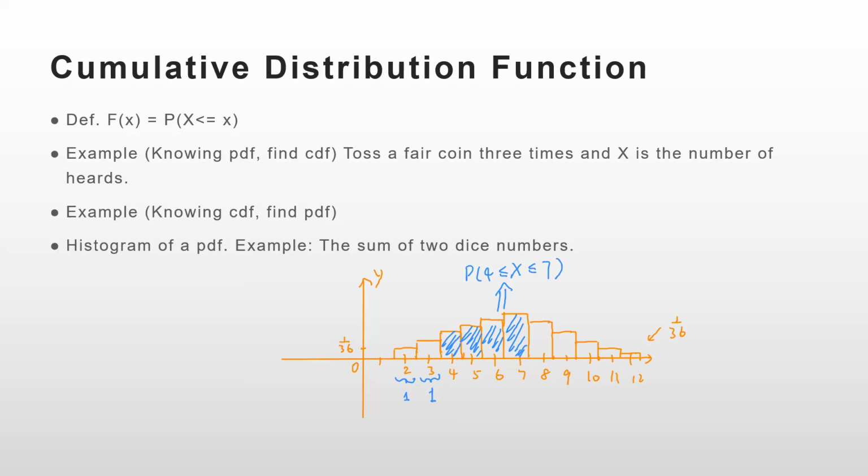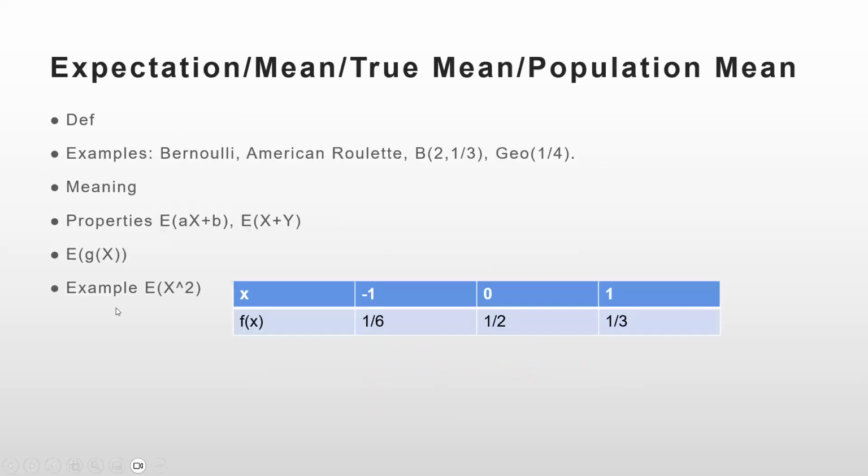What's next? Let's move on to the parameters of a distribution, mean or expectation. This concept has different names: mean, true mean, population mean.